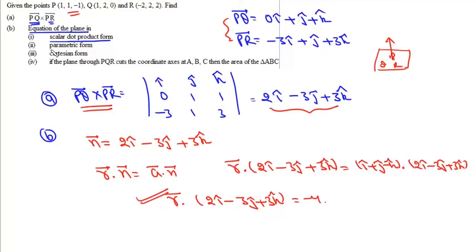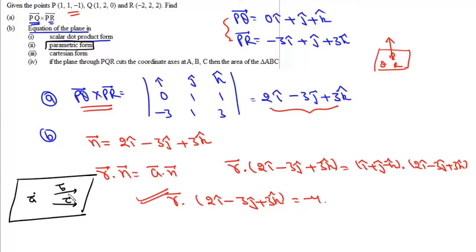Now the next one is to find the equation of this plane in parametric form. For parametric form, we need a point, say A, and then two parallel vectors in this plane, say B and C. Here we have the point i plus j minus k, and we have two parallel vectors PQ and PR.